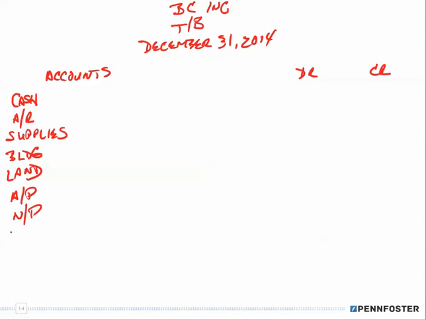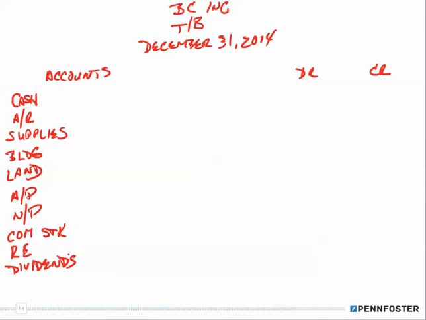Now for equity, at this point in your education, common stock would be listed first, and then retained earnings and a dividends account. As you progress, if you're an accountant and you move into intermediate accounting, you'll deal with things like preferred stock, bonds, things like this.